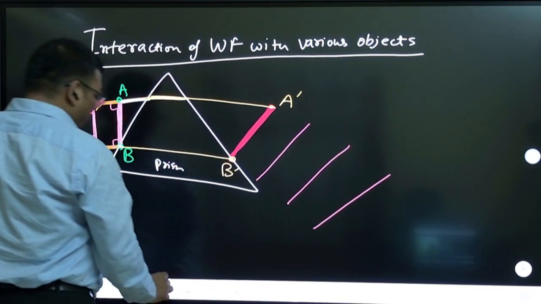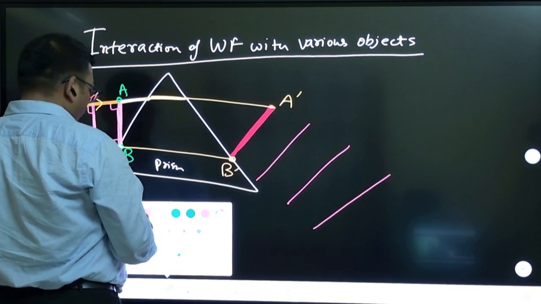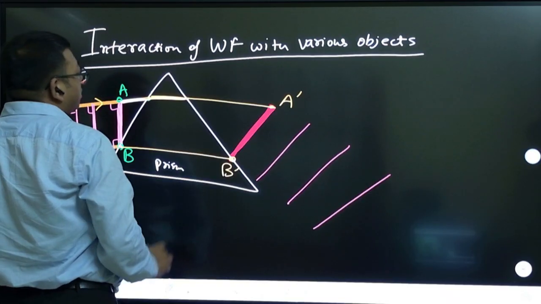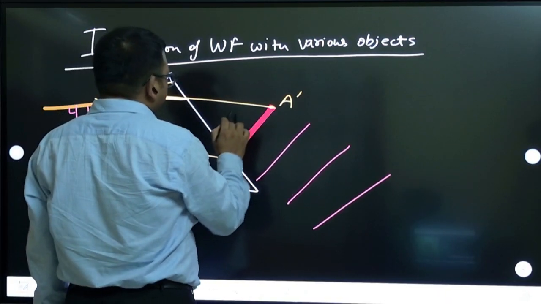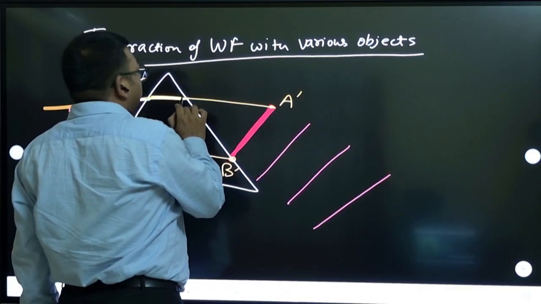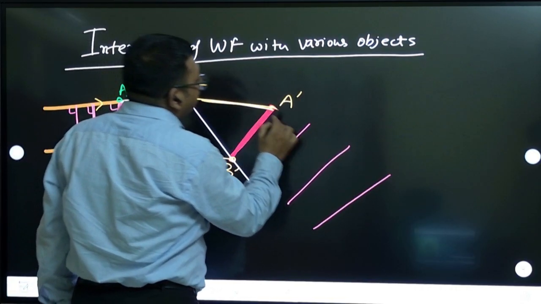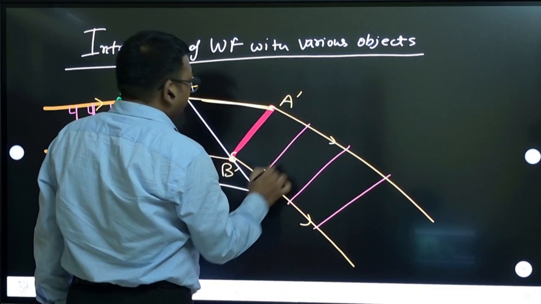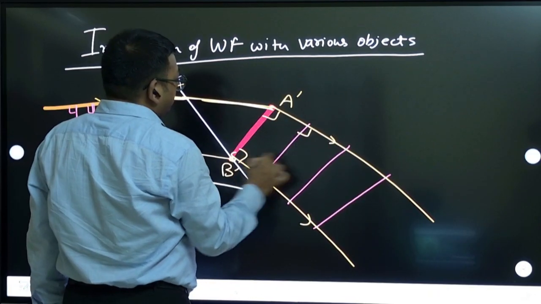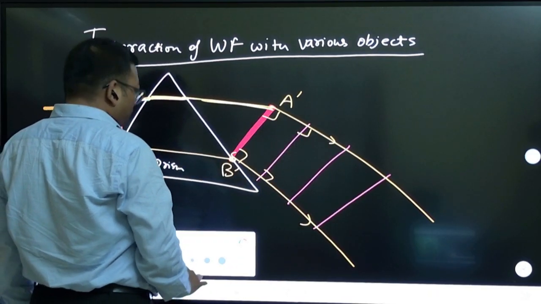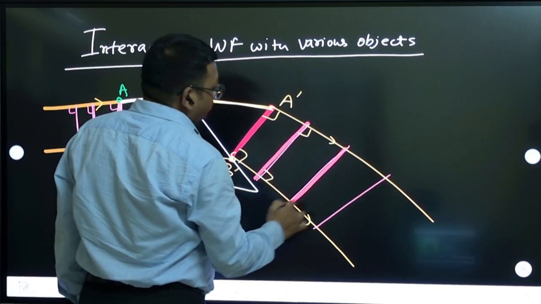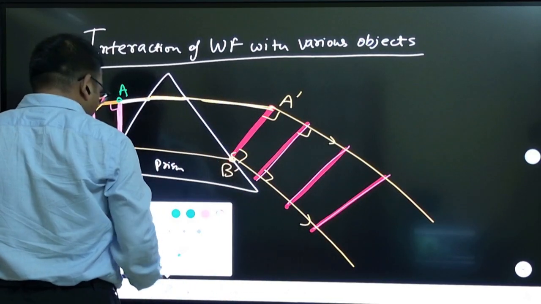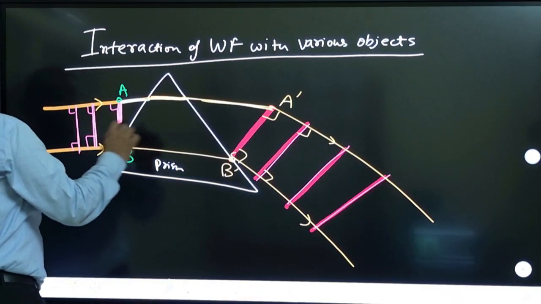Okay. So now you can say that the ray of light, if you draw it, has definitely bent here. It's not that it is going straight. The ray of light has bent here. Then the ray of light is going like this, parallel to this. Again, this is perpendicular. Right. This is the wavefront. Are you understanding this? Yes. So this is like the incident ray, and this is like the emergent ray.